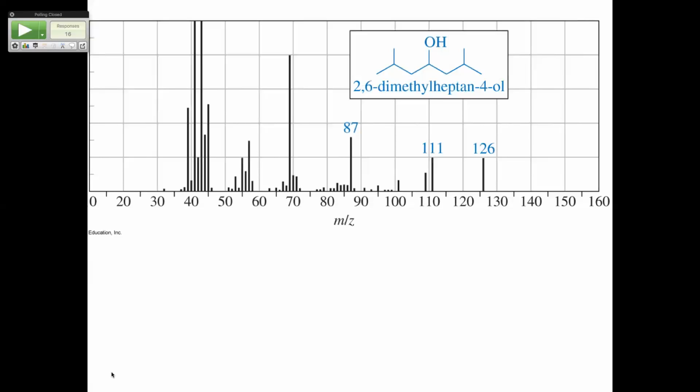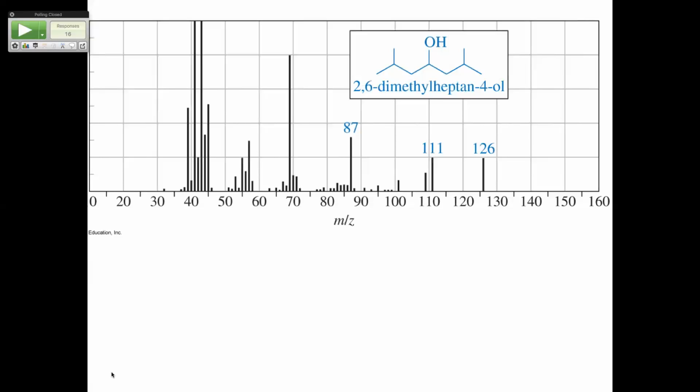Okay. So 12 times 9 is 108. So we got 108 from the carbons. We have 20 from the hydrogens. And what do we get from O? 16. Everybody knows 16 is the most common isotope of oxygen, right? So this is going to be 144.